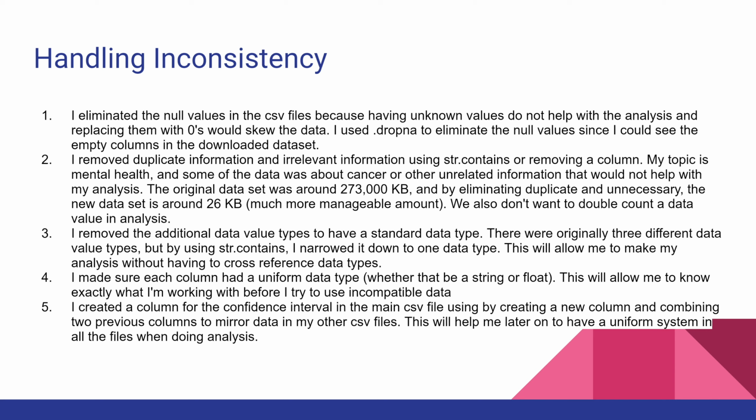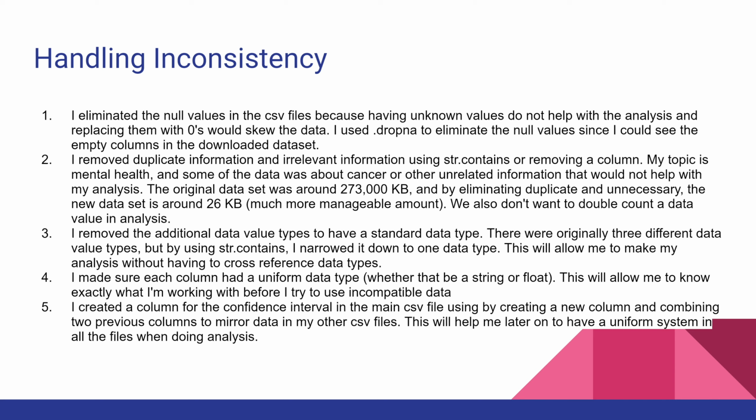I removed the additional data value types to have a standard data type. There were originally 3 different data value types, but by using string contains, I narrowed it down to 1 data type. This will allow me to make my analysis without having to cross-reference data types. I made sure each column had a uniform data type, whether it be a string or a float.